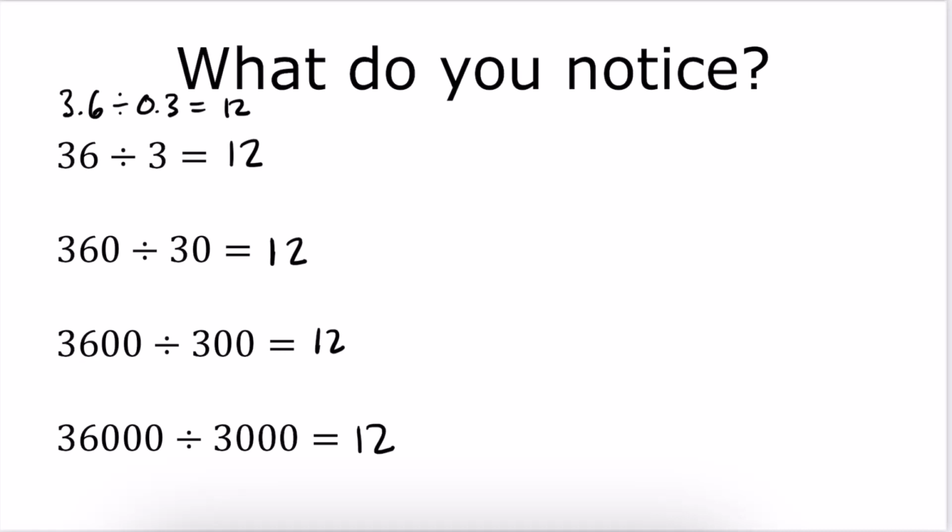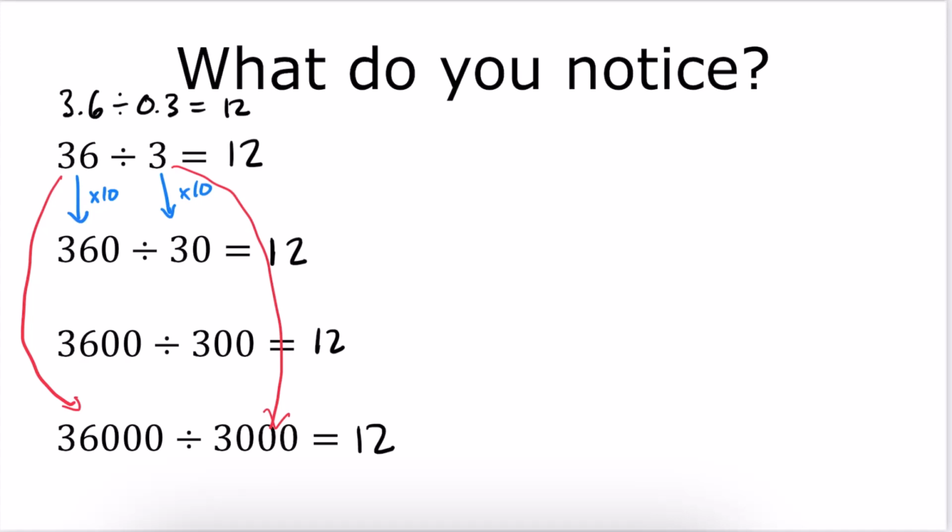And what they might notice is that to get from 36 to 360, you have to multiply by 10. And 3 times 10 equals 30. And similarly, if you do 36 times 1,000, that equals 36,000. And 3 times 1,000 equals 3,000.